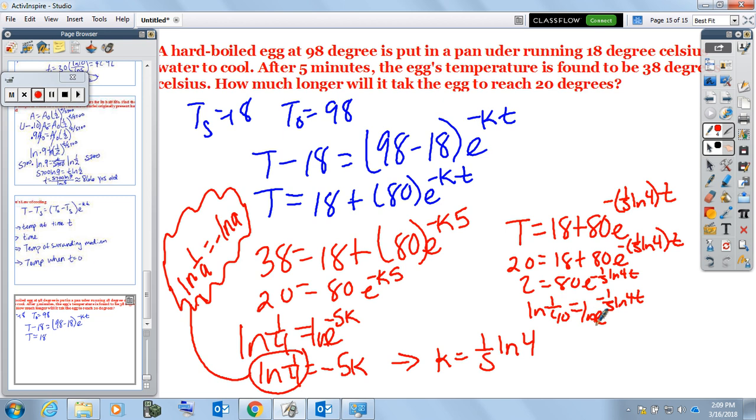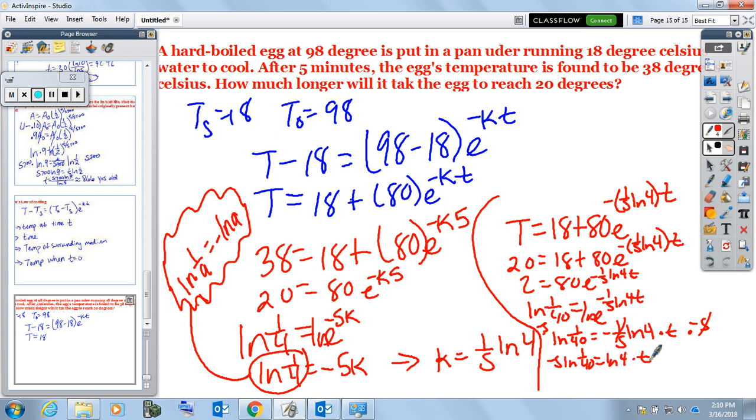Natural log both sides. We end up seeing here, let me try to separate this out for us. I'm getting a little caught up. So then we have natural log of 1/40 equals negative 1/5 times the natural log of 4 times t. So I'm going to go ahead and multiply by a negative 5 on both sides to get that down. So we have negative 5 times the natural log of 1/40 equals the natural log of 4 times t.